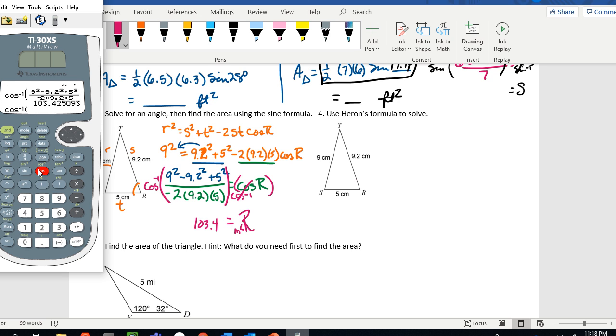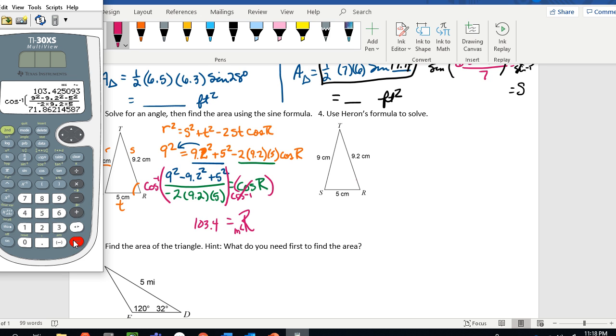Second cosine. I'm kind of glad that happened because you guys don't think about, does that answer make sense? And 103 did not make sense. So 9 squared minus 9.2 squared minus 5 squared, over negative 2 times 9.2 times 5.